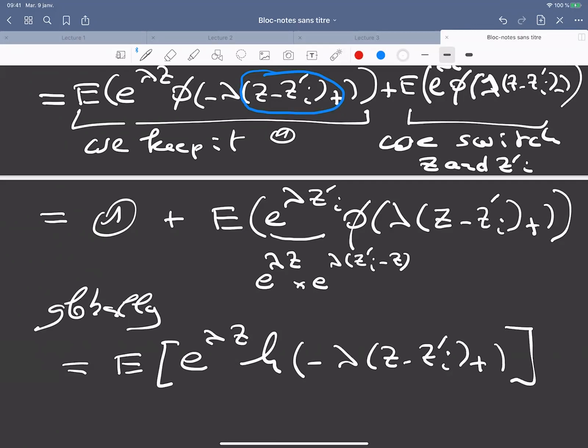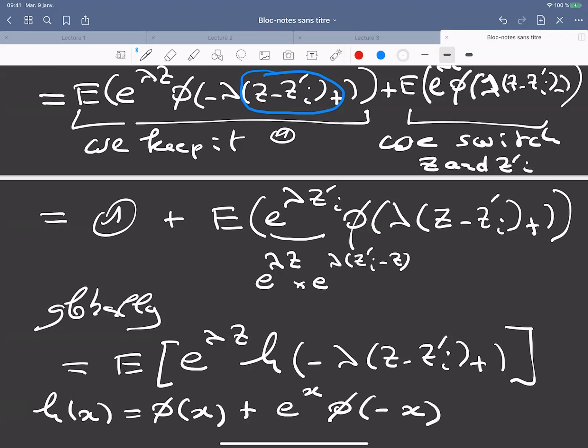And the function h is what? It is phi, which appears because of the first term, plus the function which appears by the switch here, which is exponential x times phi of minus x. And this is exactly rho. And the proof of the symmetrization lemma is done.